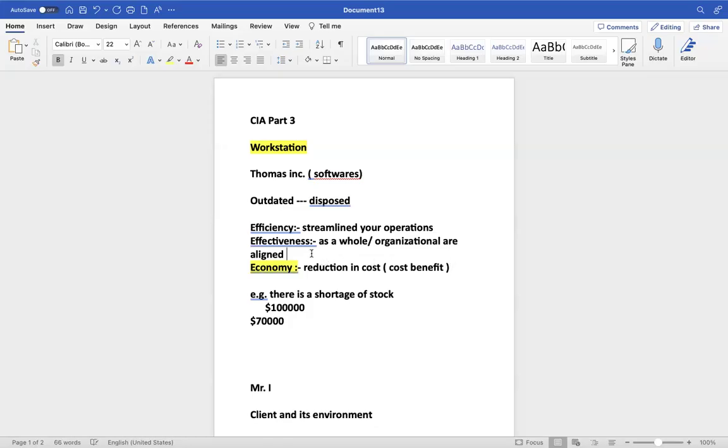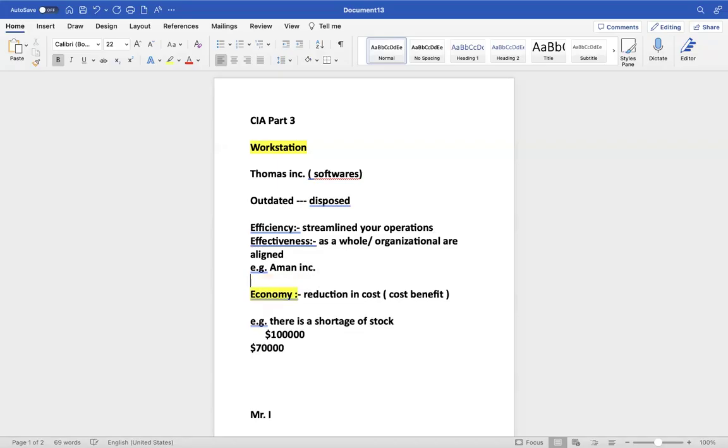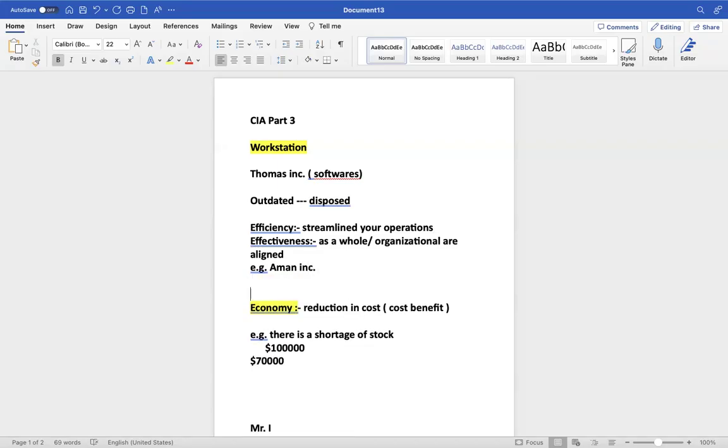If we talk about effectiveness, let's take another instance this way. You have an organization and you are supposed to expand your operations. You are going to undertake one more project. So there is an organization, Aman Inc. This organization has already worked for a decade.